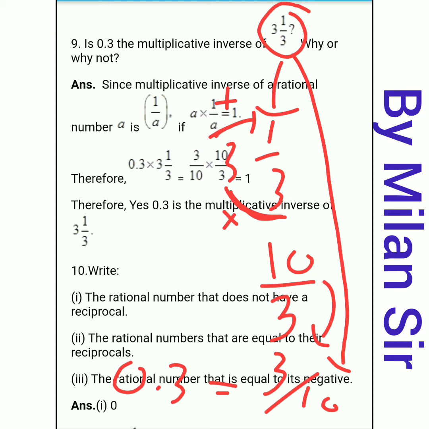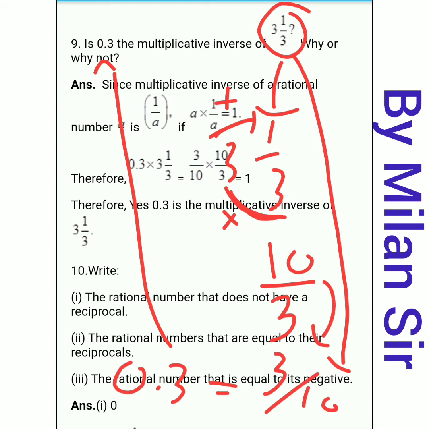Otherwise, you can do the division process. The answer is 0.3, and here it is also given 0.3. So these are the same, and our answer is yes. 0.3 is the multiplicative inverse of 3 integer 1 by 3.